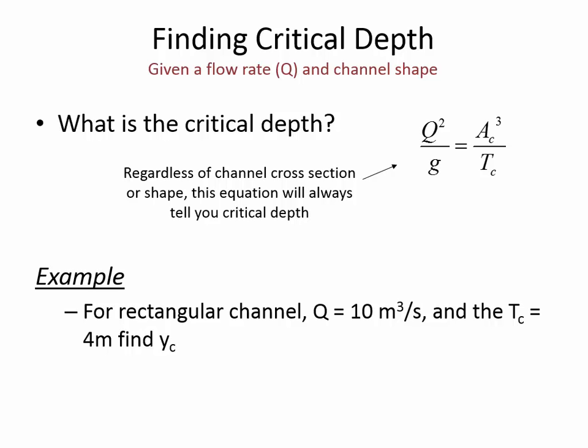Now if we substitute in the actual values, it's 4 meters wide times 100, which is Q squared, divided by 9.81, which is g. Take that to the 1/3 power times 1/4, and that's 0.860 meters. And so that's the critical depth.